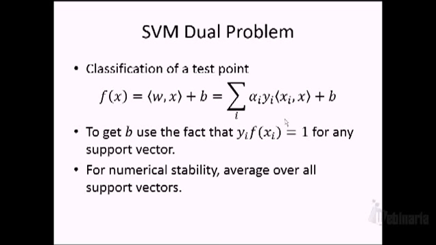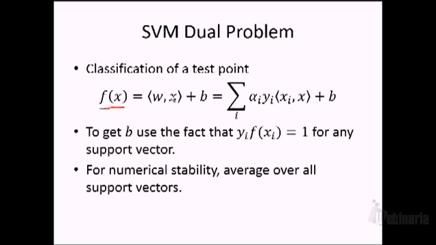Now, once we have trained the SVM, we want to use it to classify at this point. Well, we compute the scoring function. We basically apply the weights, but remember we don't have an explicit form of the weights.